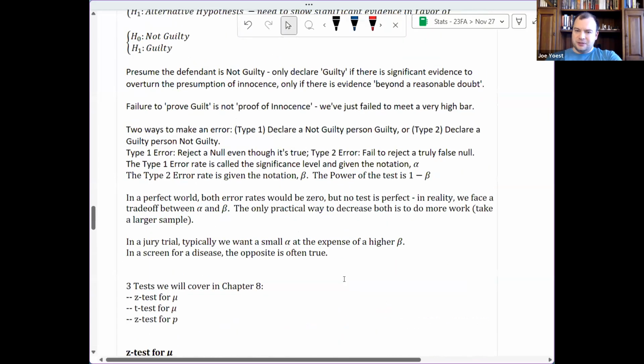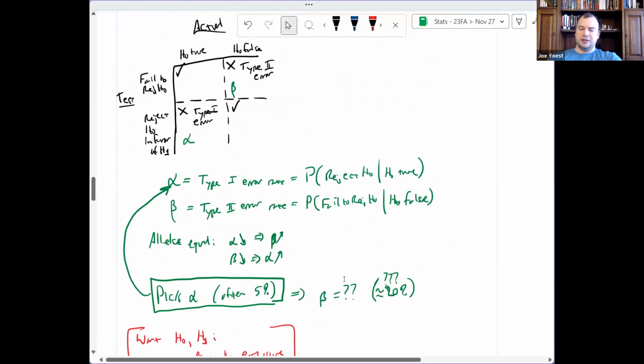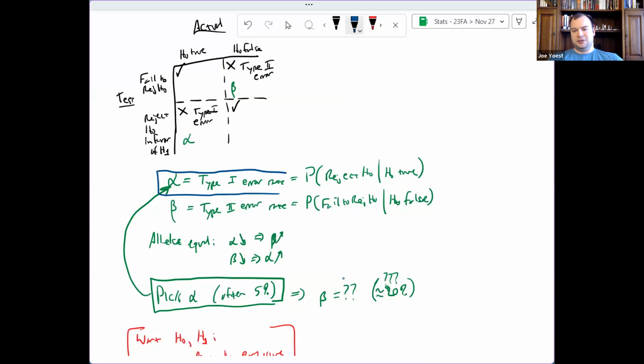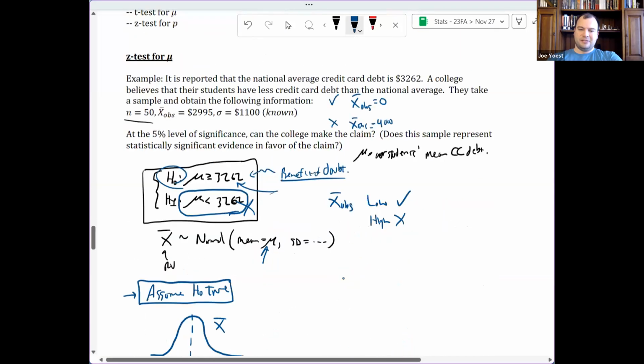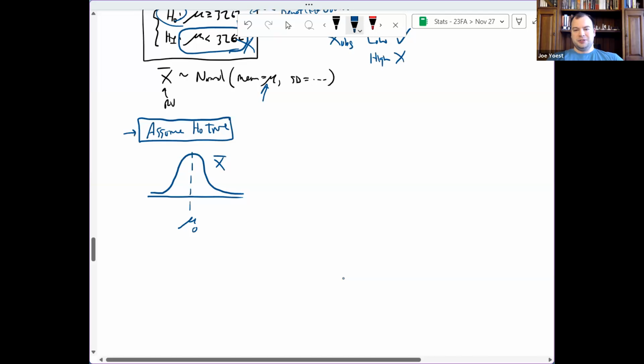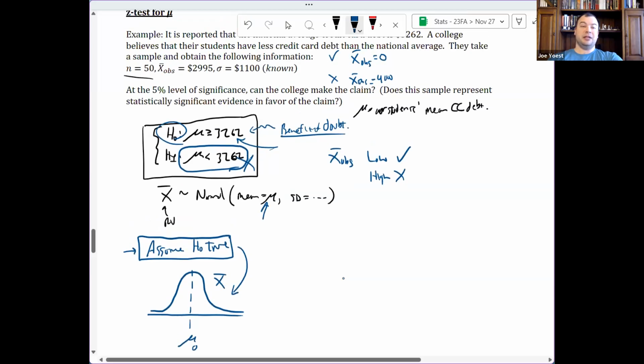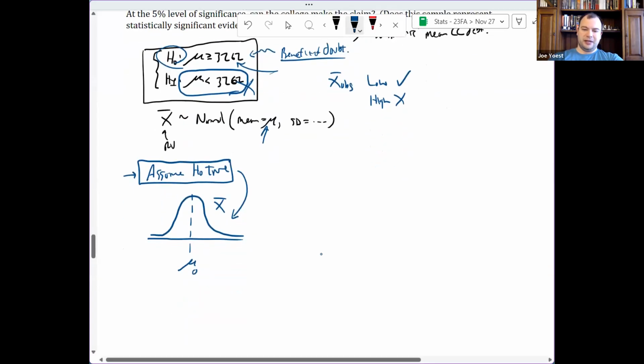Okay, so coming back up here, remember the type 1 error is the thing that we're going to control. That's the probability that we reject H naught, given that it's true. So given that H naught is true, I would reject H naught for X bar observed far to the left, but not far to the right.